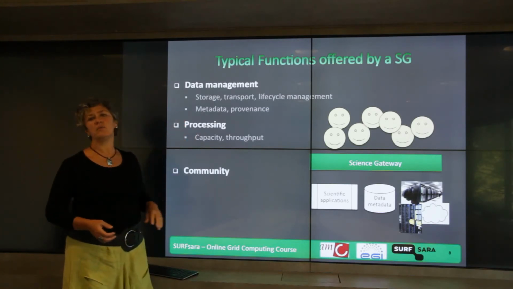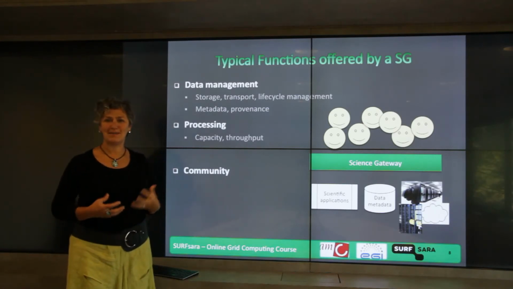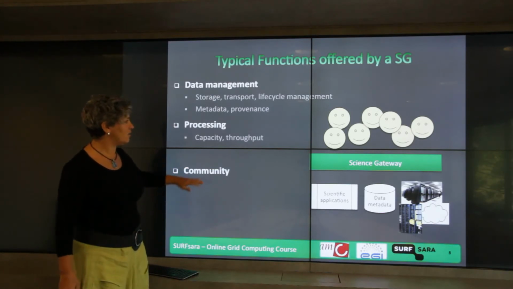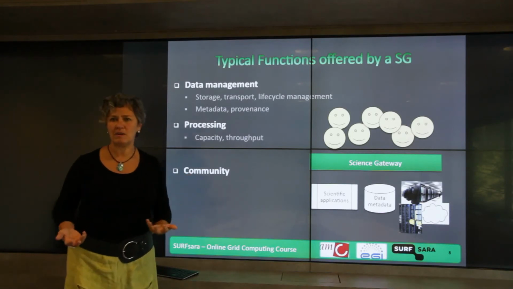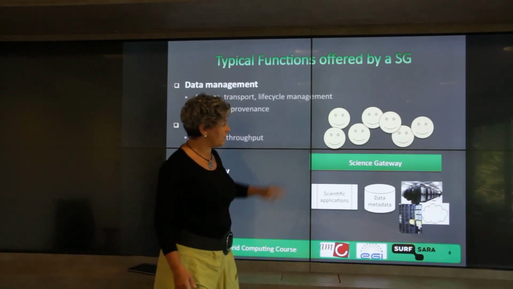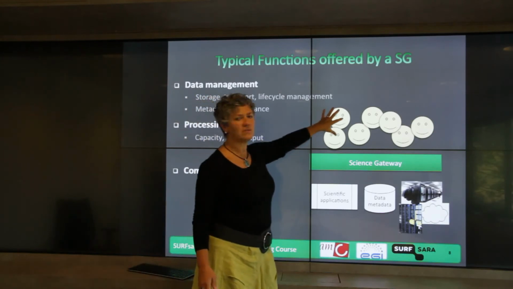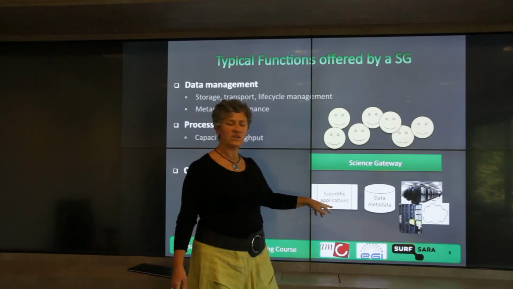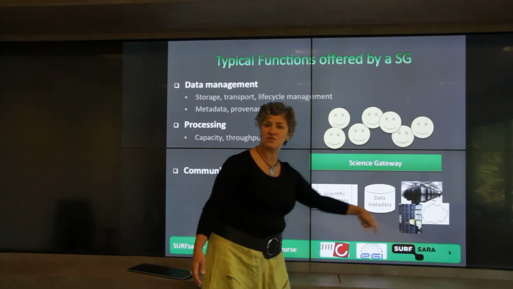And of course, the processing, which is why we are here today: the grid processing is what is in the back of a science gateway in the scope of what we are talking about today. And the community, meaning people that can share stuff with each other. This is also part of a science gateway. So if you see a science gateway from a very, very naive perspective, you have people, that's the community, you have these resources, which can be scientific applications, data and metadata, and computing resources of any kind.